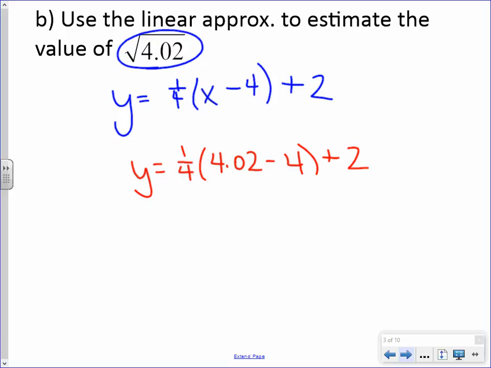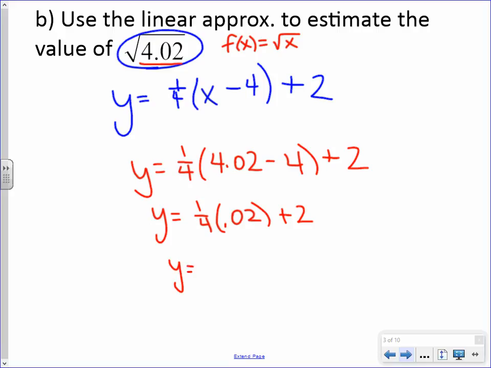If we want to approximate the square root of 4.02, and we use the square root of 4 to write this tangent line equation, what we can do is just plug in x is 4.02 into our tangent line equation. Remember, our function was square root of x, so 4.02, since it's under the radical, is our x value. All right, 4.02 minus 4. And what happens when we take 2 hundredths and divide it by 4? It becomes 5 thousandths.